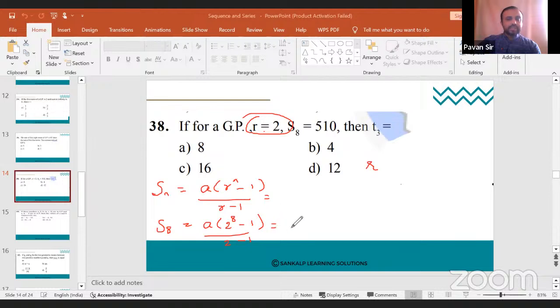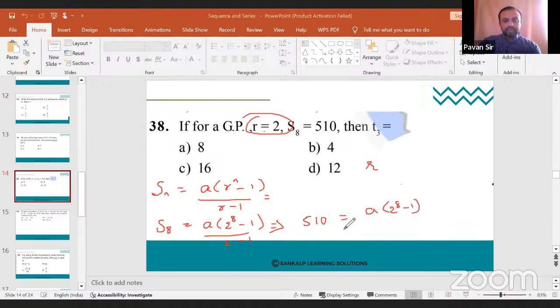So what will the answer give? Just check it out. S8 is already known. S8 is 510 is equal to A into 2 raised to 8 minus 1, and the denominator is 2 minus 1.